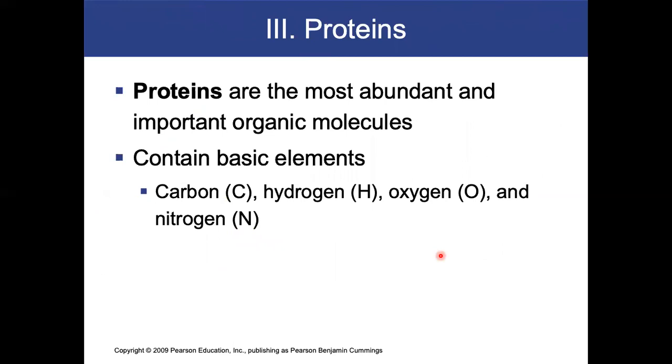The next category is proteins. Proteins are the most abundant and important organic molecule in our body. They contain carbon, hydrogen, oxygen, and nitrogen. These guys are unique in that they contain nitrogen.